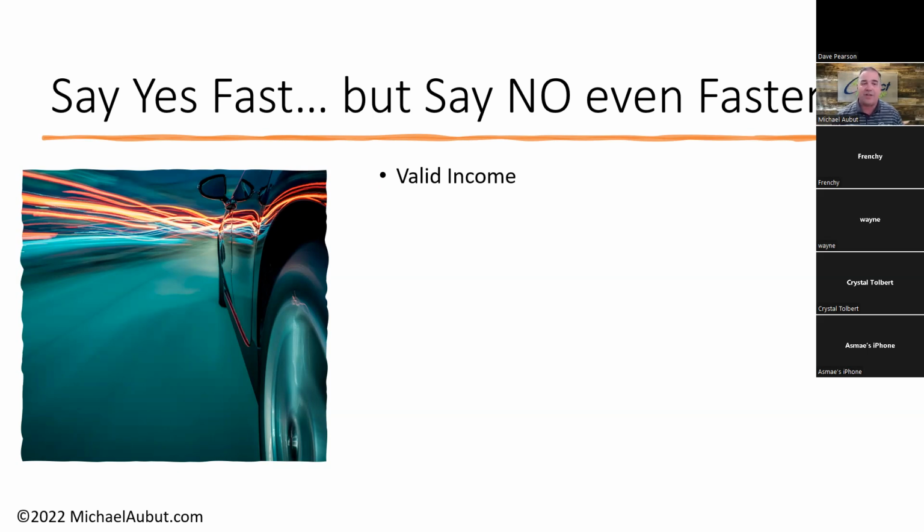We need to make sure we understand their income. We need to make sure there's no hidden credit issues. By that, I mean, if they've got student loans that are in deferment and the payment is showing as 0, and you don't notice that and become aware of that and adjust for that in your debt to income ratios, that's going to bite you in the butt.